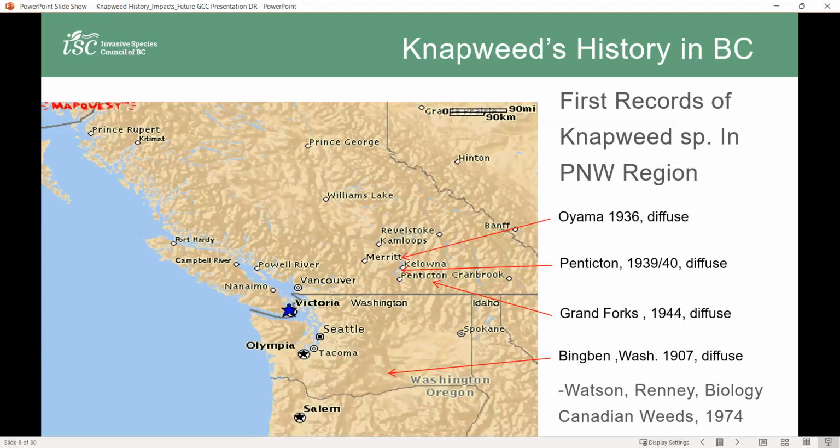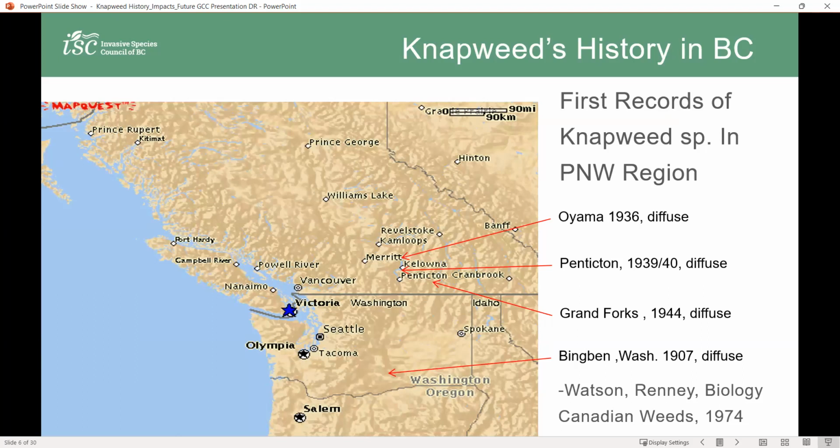Down in Bingen, Washington, we saw it appear in about 1907, according to the records. It's thought that knapweed was initially brought in as contaminated alfalfa seed in the north central part of Washington, where there is a lot of alfalfa production, and it came across the border during those periods of time.